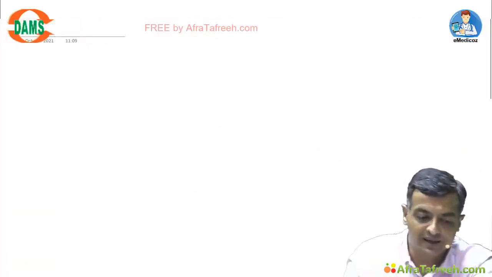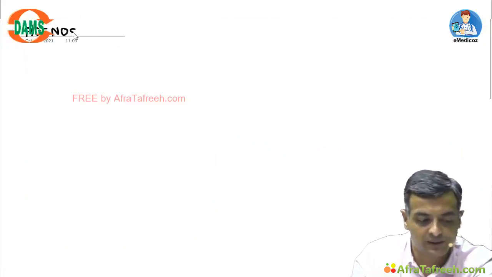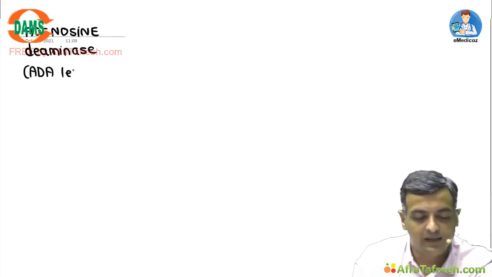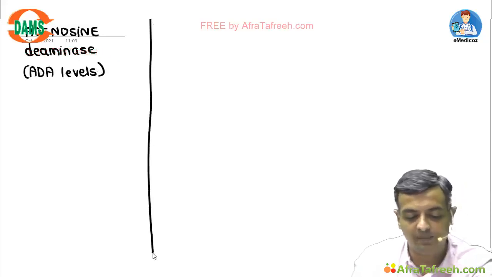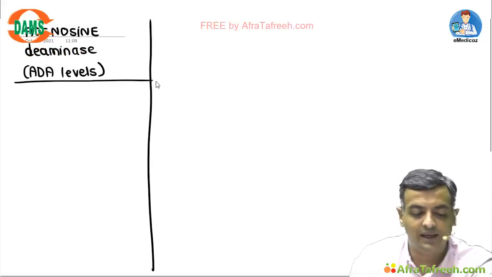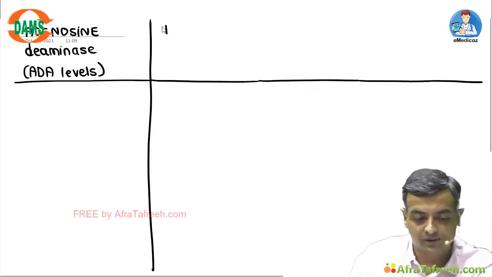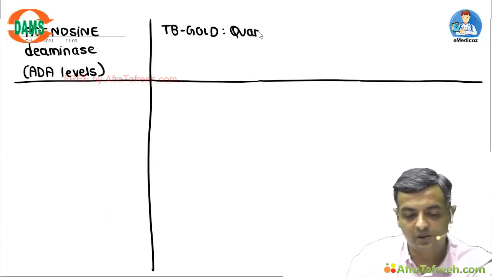We want to make a chart to differentiate three important tests in tuberculosis that are repeatedly asked. First, adenosine deaminase levels, that is ADA. Second, the TB gold test, which is also called the QuantiFERON Gold test.